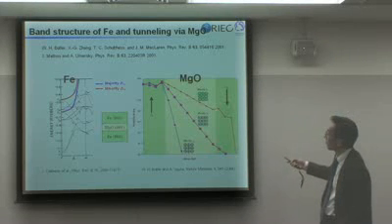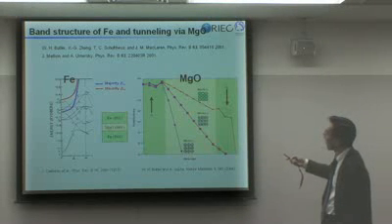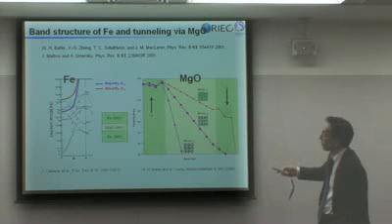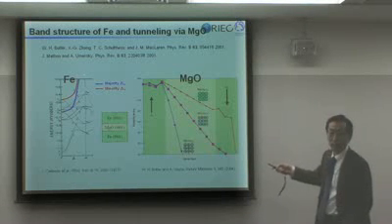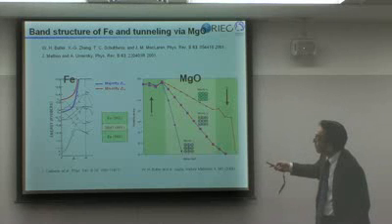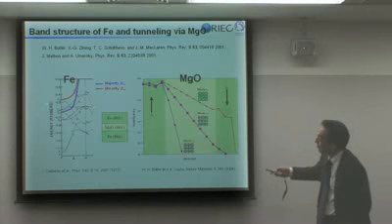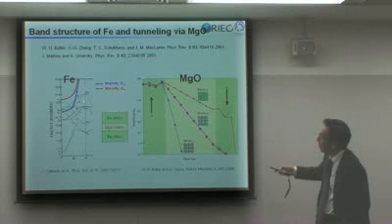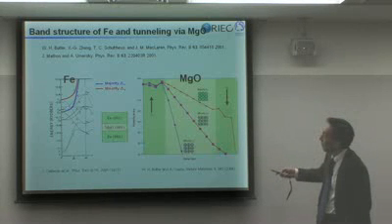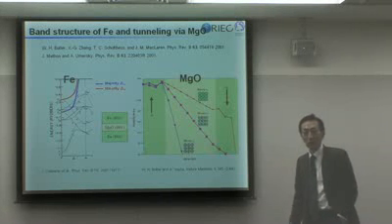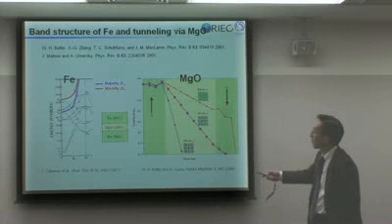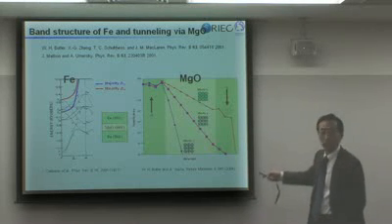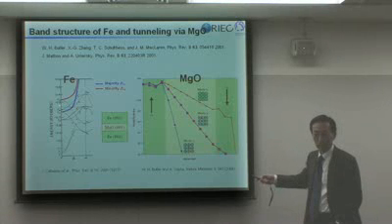What I mean by wanted state is this state, which is called the delta 1 band, shown here for the iron case. And here, this is our Fermi level, and this delta 1 band has two branches, and only one branch crosses the Fermi level, which means that if you can forget about other states, iron becomes a half metal.